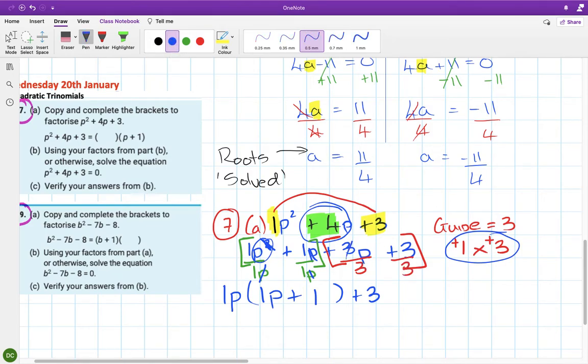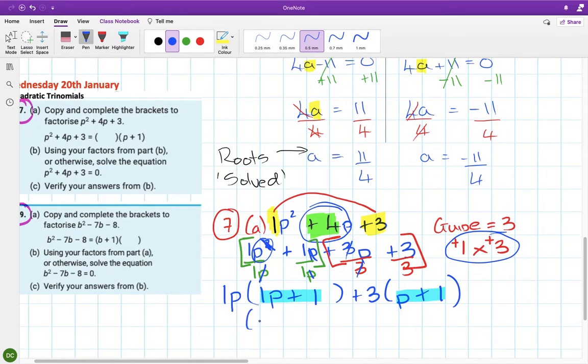So 3 divided by 3, they'll cancel, leaving you with p, and 3 divided by 3 is 1. Okay, so we have to check if the brackets match. This 1 we don't have to write, or the other way you could look at it is that this p over here has an invisible 1 in front of it, so those brackets do match.